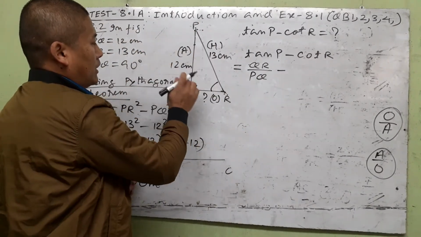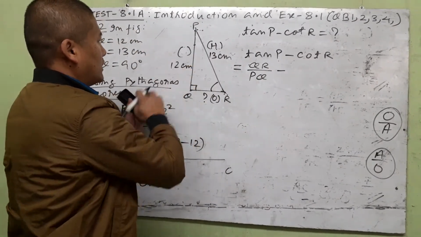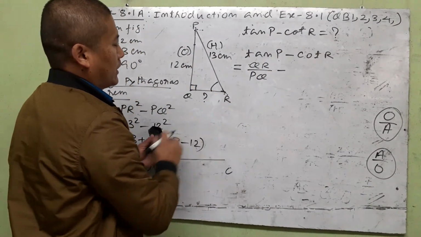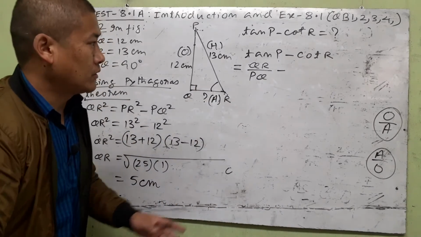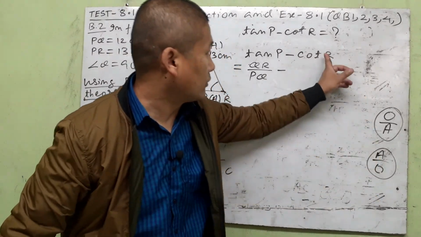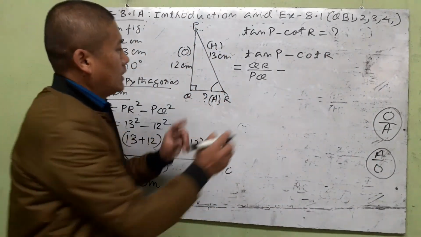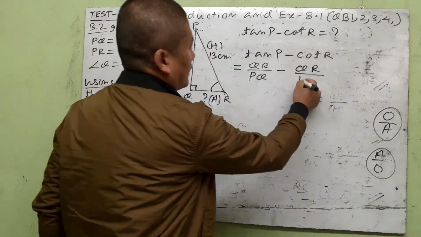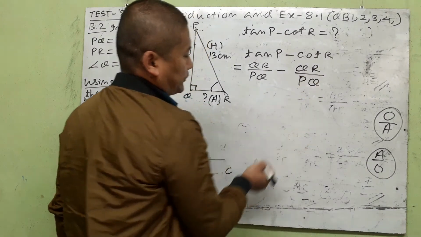So now this PQ becomes the opposite, not the adjacent anymore, opposite when we take angle R. And this O will become adjacent. So cot R, adjacent by opposite, will be adjacent QR by opposite PQ.